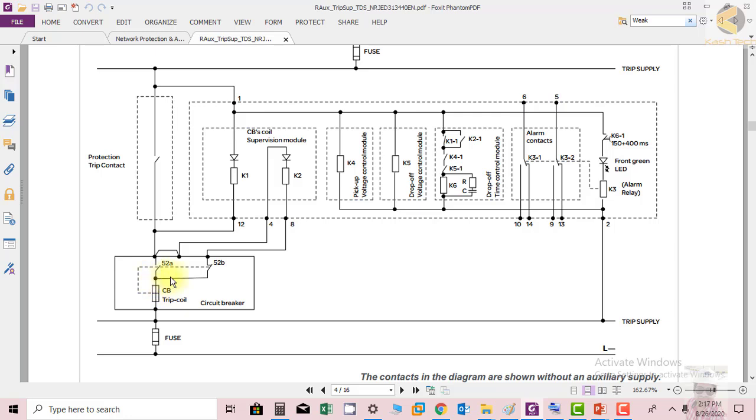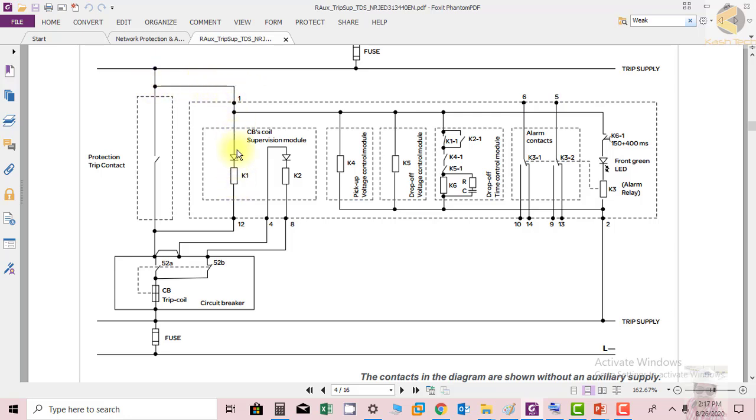then you can see CB is going through 52B. Return negative is coming up to terminal 8 to this coil, and then positive to this coil is coming from 4, and it's going to 52A, the other side of the contact, from here through K1.